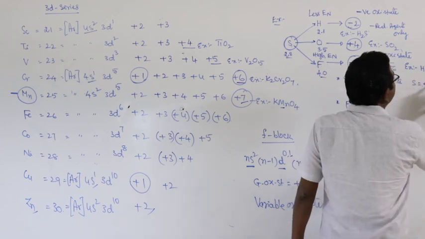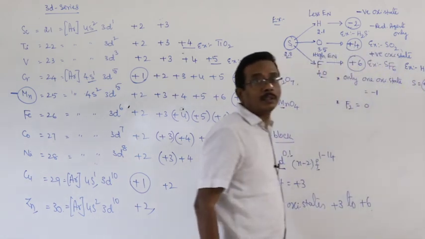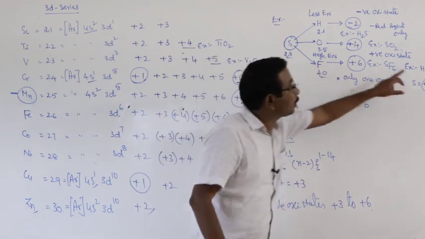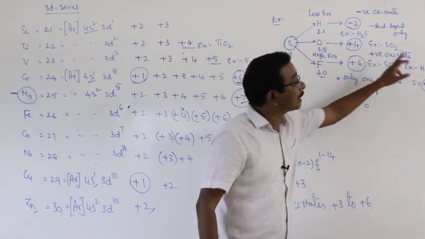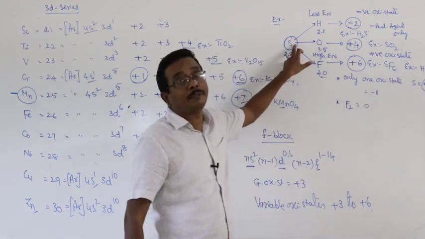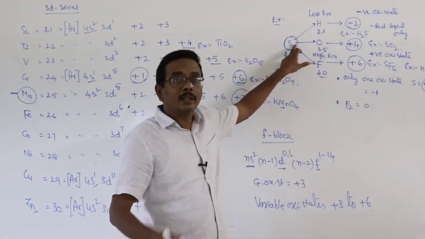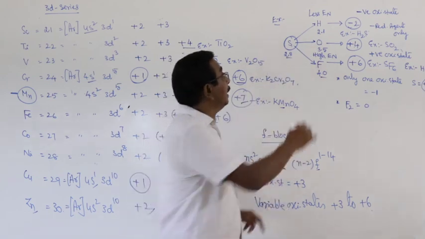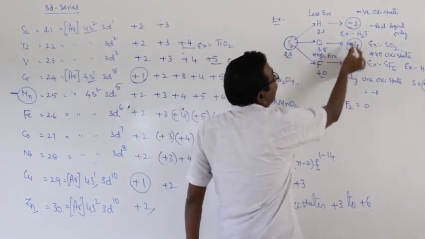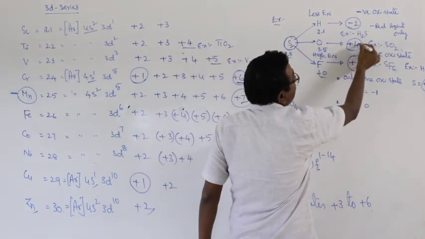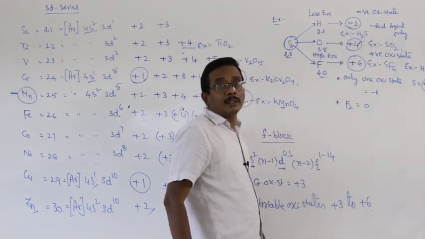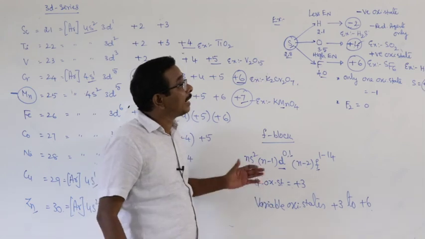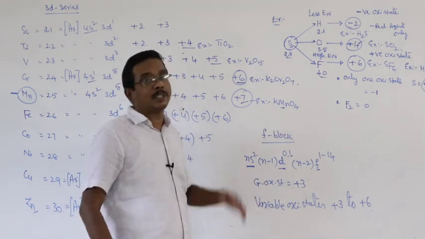Another example, H2SO4. Sulfur exhibits the oxidation state +6. Here H2SO4 acts as only an oxidizing agent. Why? Because sulfur exhibits the maximum oxidation state. Third statement: if the atom of an element exhibits an intermediate oxidation state, in between lowest and highest, in such cases the compound acts as both oxidizing agent and reducing agent.